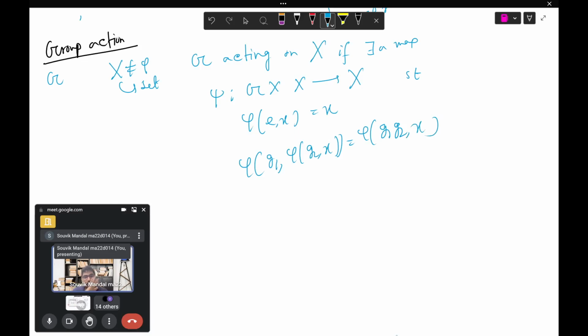If such a thing holds, then we say that the group G acts on this set X via this map psi. This is the definition of group action.